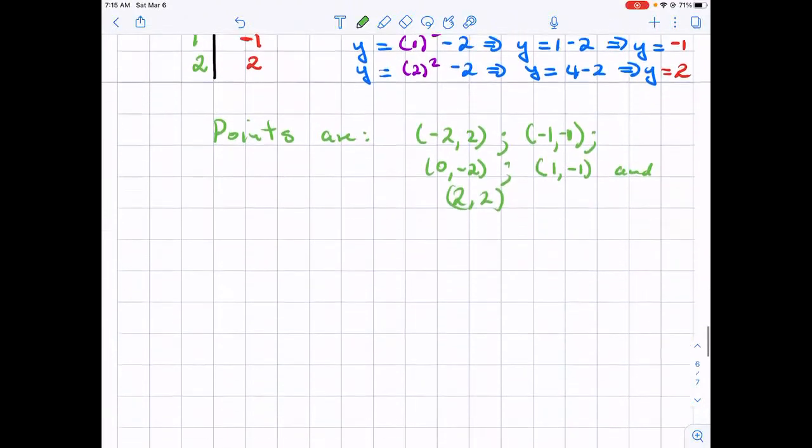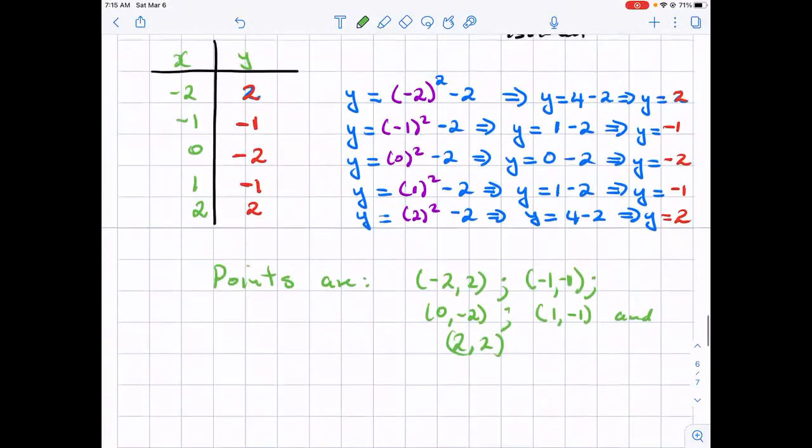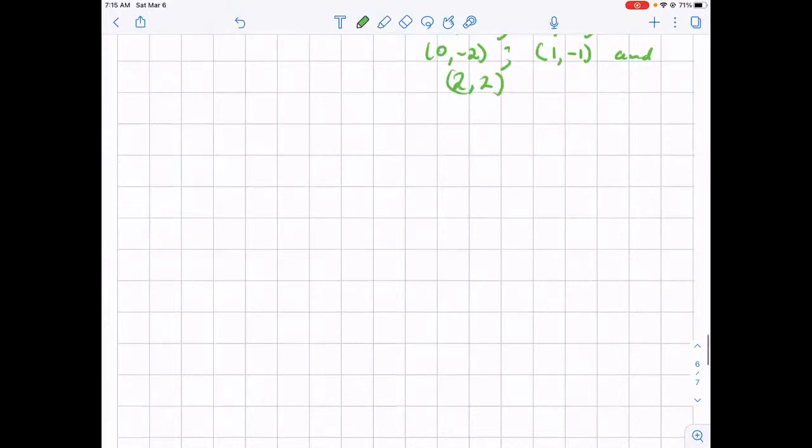So those are the points we want to plot. So let's make a graph now.